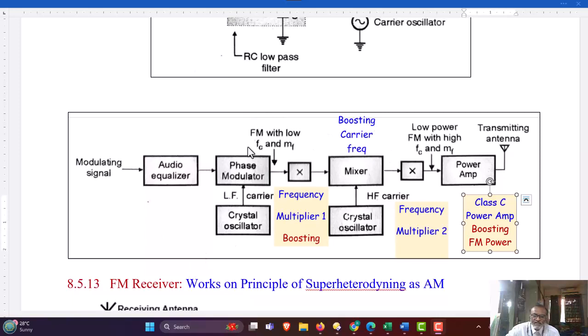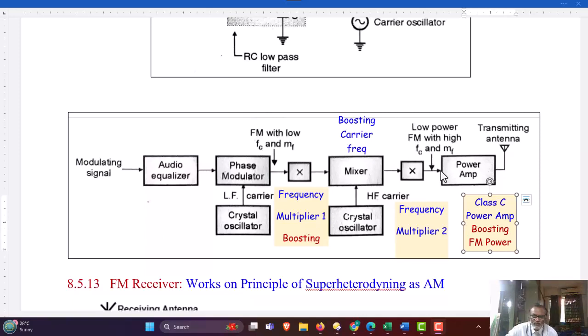The mixer circuit takes the output from the frequency modulated signal and multiplies it with another crystal oscillator frequency. This frequency multiplication is used for boosting the frequency of the modulated signal. The multiple frequency mixers are used to increase the frequency of the modulated signal to the required band.